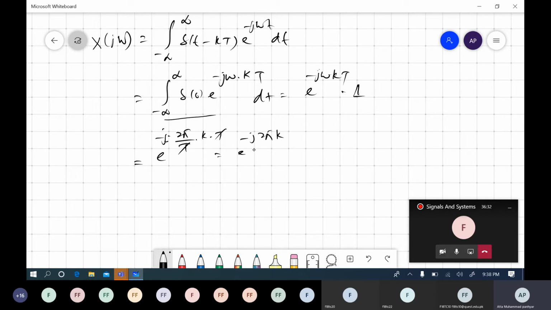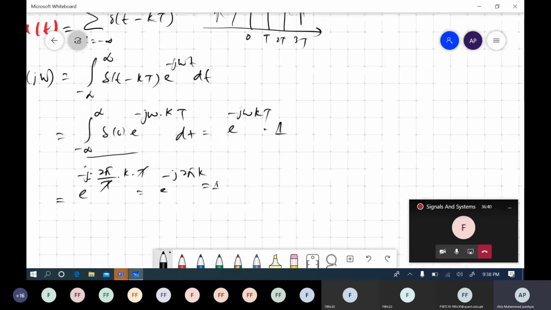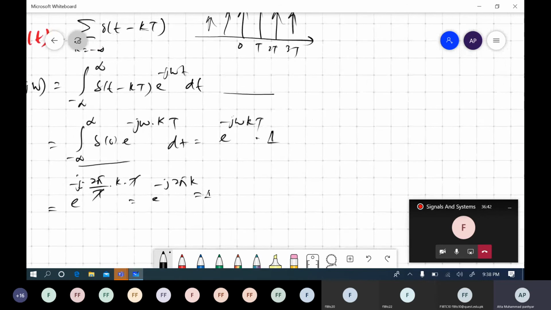Now as the value of k increases or decreases, for example 1, 2, 3, the output is always 1, right? Then the spectrum of this signal on the omega axis has amplitude 1 at 0, at omega, at 2 omega, 3 omega.